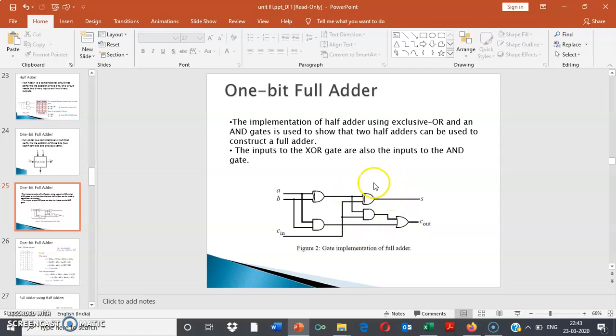One more half adder is here with one XOR gate and one AND gate. And the combination of the two, that means the addition of the two, which is represented by the OR gate, is the total full adder circuit. Full adder circuit has three inputs, A, B, C in, and two outputs, that is sum and carry.